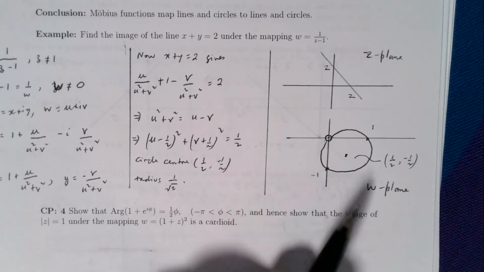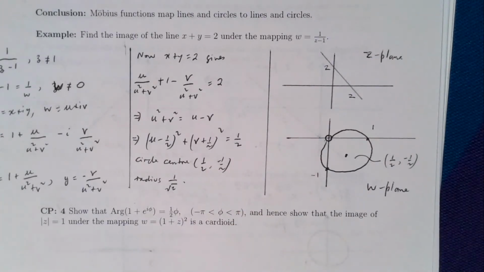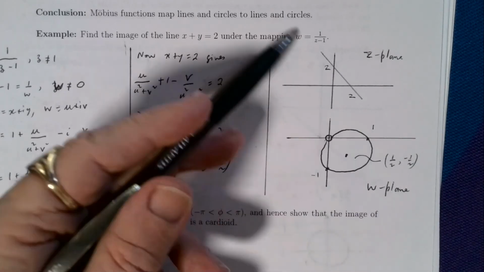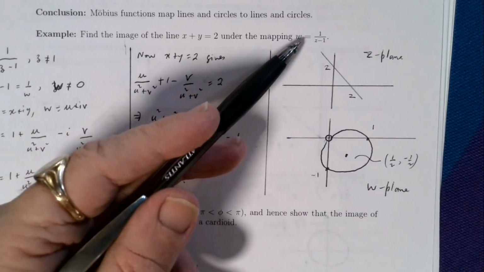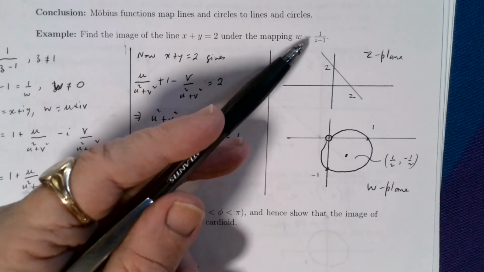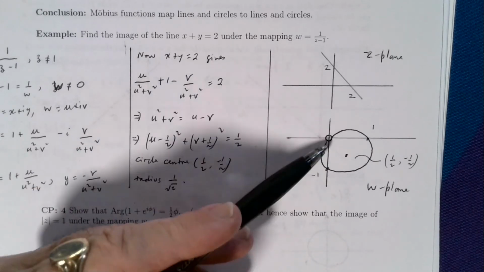And this is what it looks like in the w plane. And if we just enjoy the geometry of what's happening here, this line, this circle of infinite radius, is being mapped into a circle, and the point at infinity is being mapped into 0.